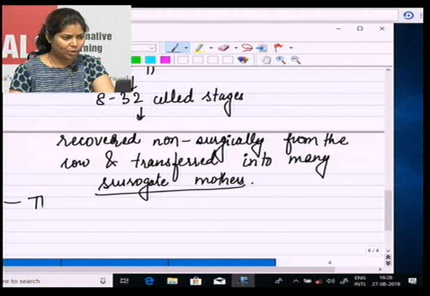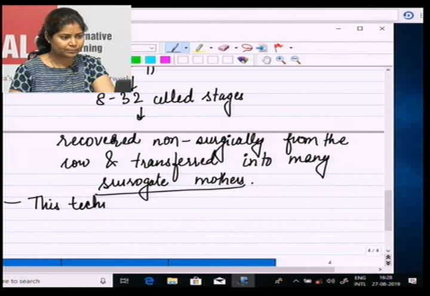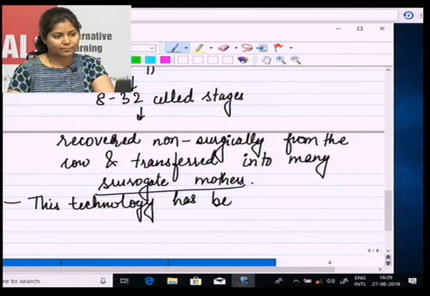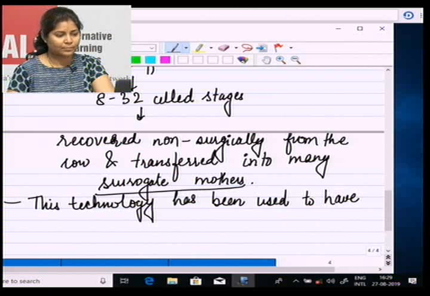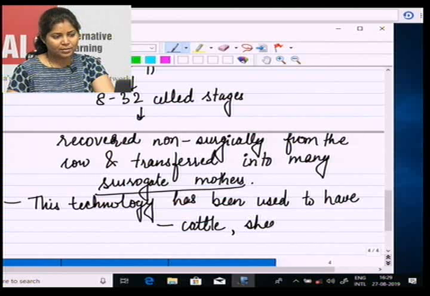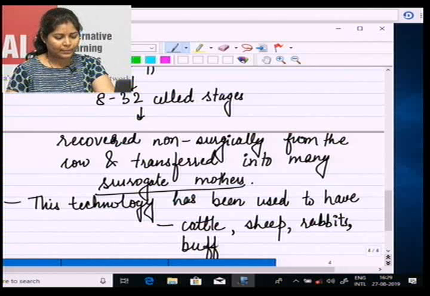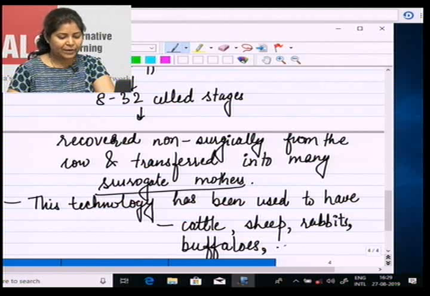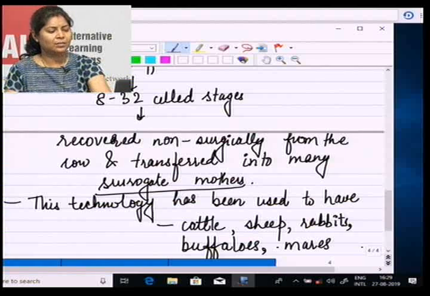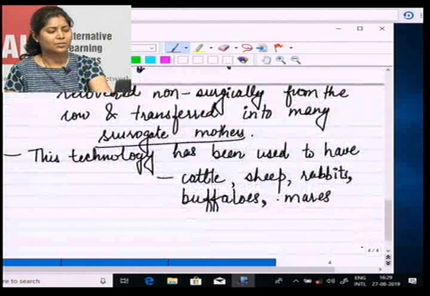This technology can be used for cattle, sheep, rabbits, buffaloes, and mares. Mares is like the horses.